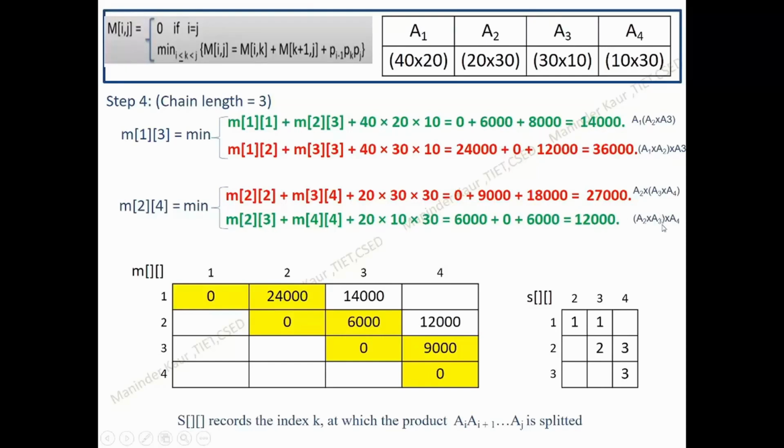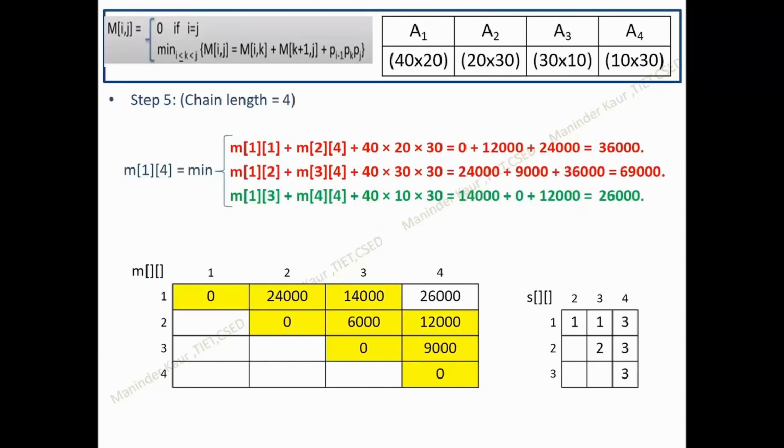S1,3 is 1 means that for finding the sequence of matrices A1 till A3, the best split is at 1, so after this one index there will be splitting. This is how, from the S array, we can find the order in which the matrices should be multiplied such that it leads to the minimum number of multiplications.